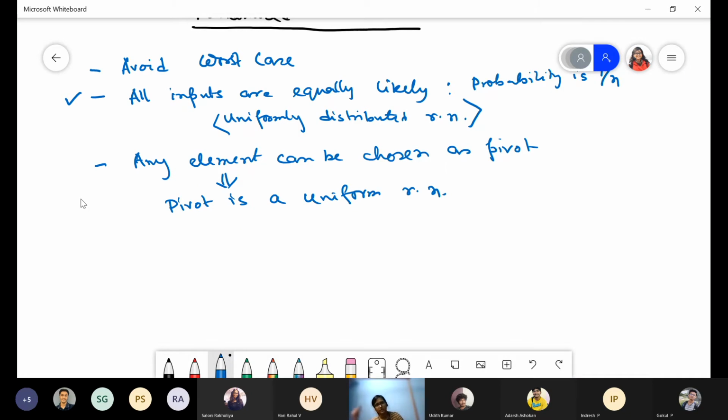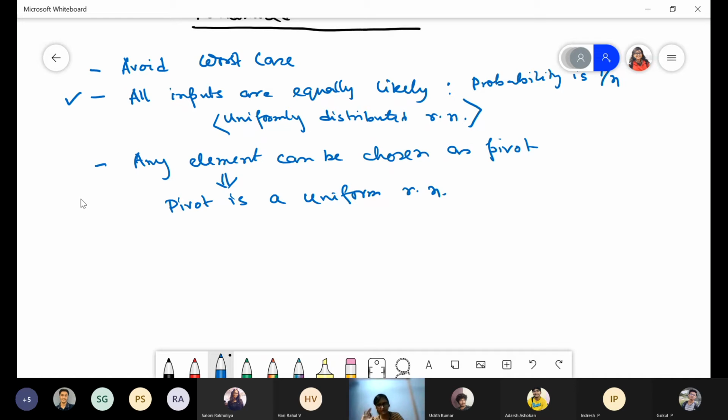So in every case, what could have happened? If you take one specific distribution of inputs, then you have to check for every possible partitioning, taking each of the elements as pivot. That was for one particular distribution. Now you could have taken any other distribution, and for that also you could have followed the same way, that is consider all possible partitioning, taking each of the elements as pivot.